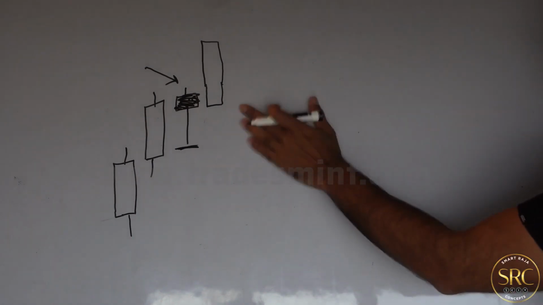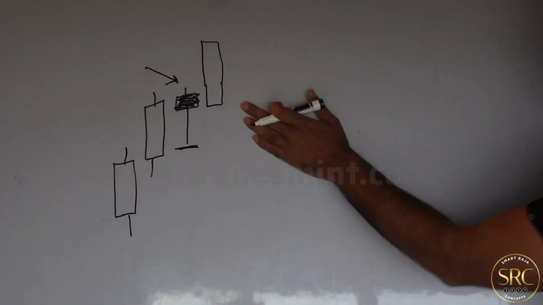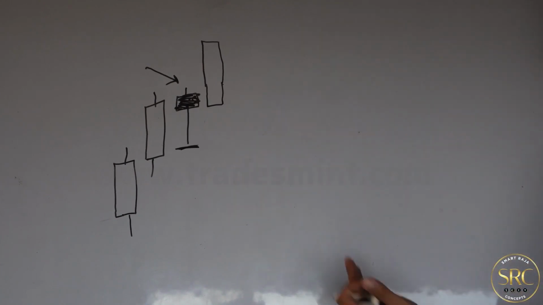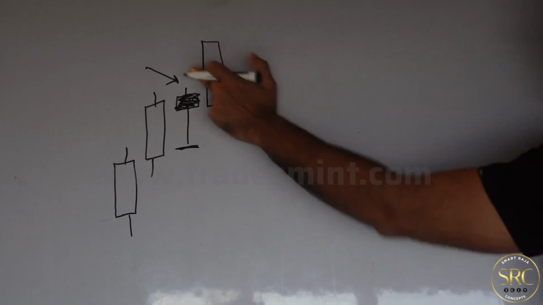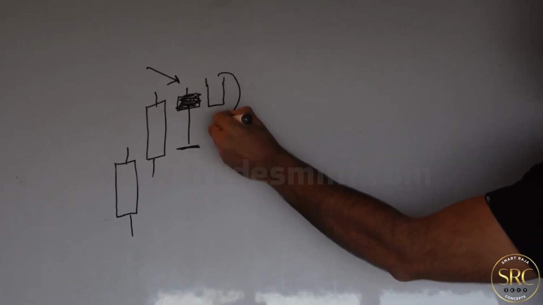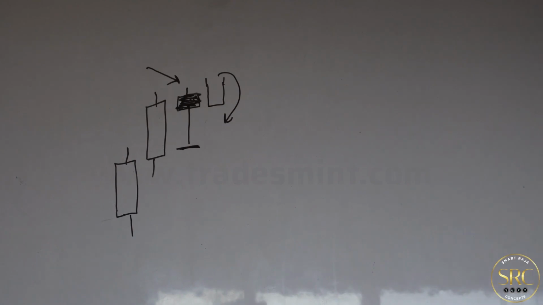So whenever you're taking an impulse entry with a candle that hasn't made a lower wick, there's a higher probability it can continue pushing back down, right? It has a higher probability it can retrace and come down. So this is risky at this point.